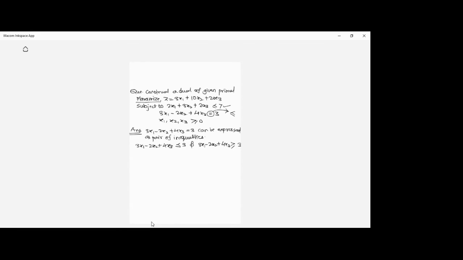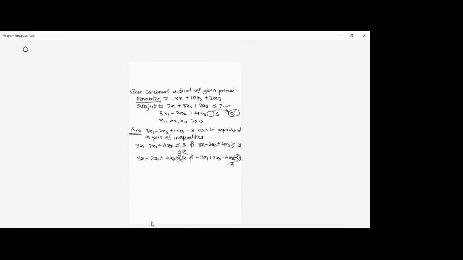The meaning of these two is nothing but your given equation. Or we can even express this as 3x1 minus 2x2 plus 4x3 less than or equal to 3, and minus 3x1 plus twice x2 minus 4x3 less than or equal to minus 3. I'll write minus 3 here since it is not visible. So I have converted this into the format I require. Now in this equation you can see we have that format, and here also we have that format.